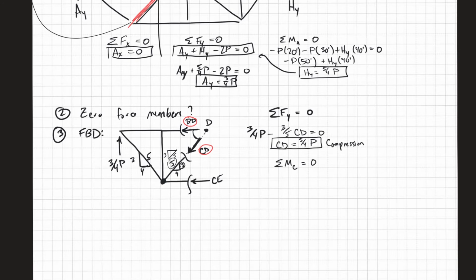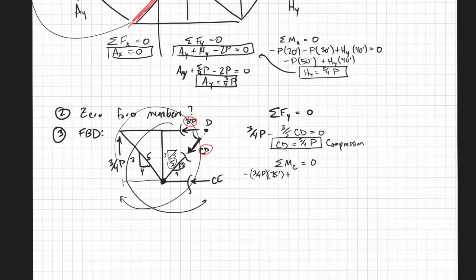Okay, so I've got 3/4 P, times its moment arm, so that's going to be the distance from here to here, and it looks like that's 7.5 feet, and that's going to cause things to spin around that point in a clockwise manner, so it gets a negative sign, and then I'm going to add, oh no, BD, I have assumed is going to cause things to go the opposite direction.